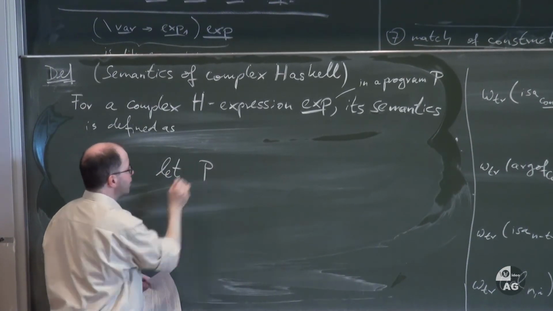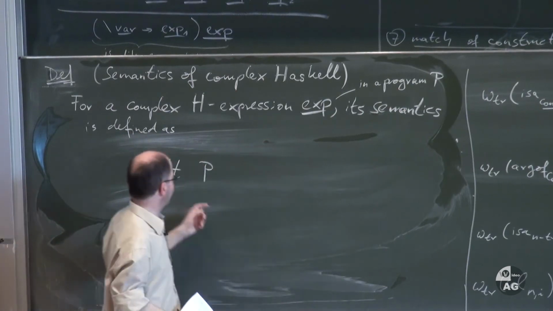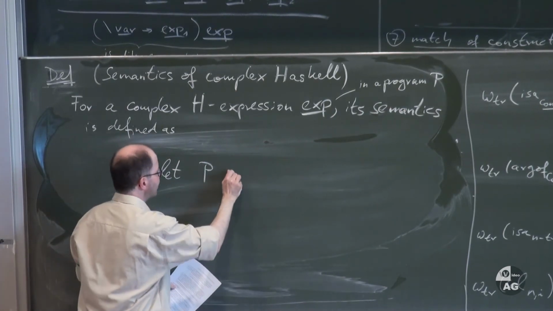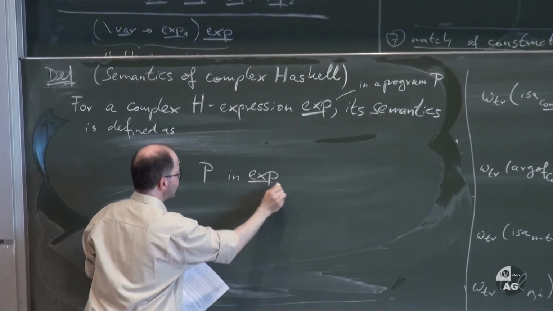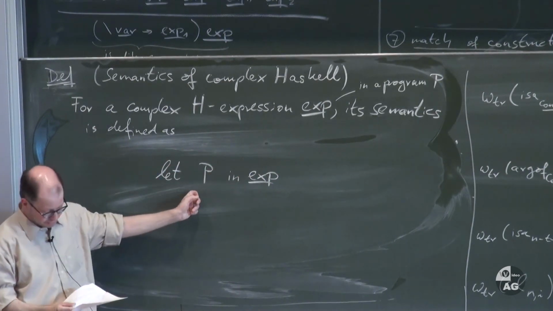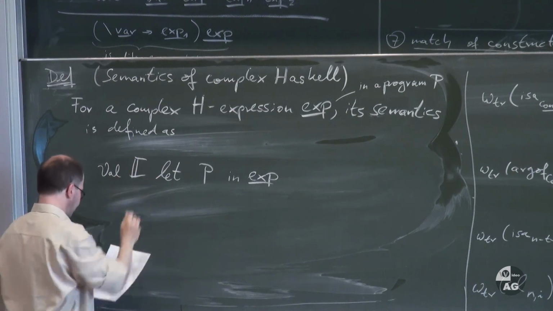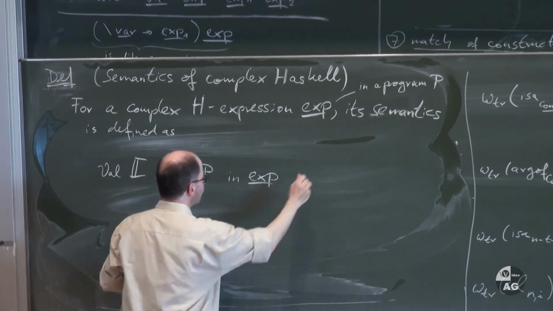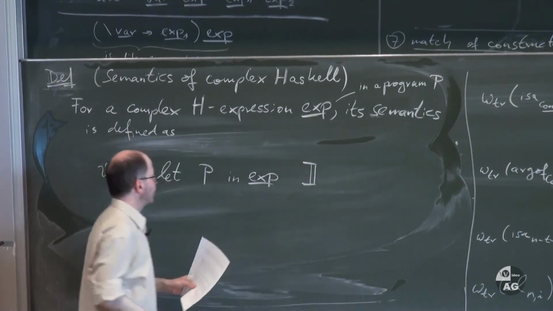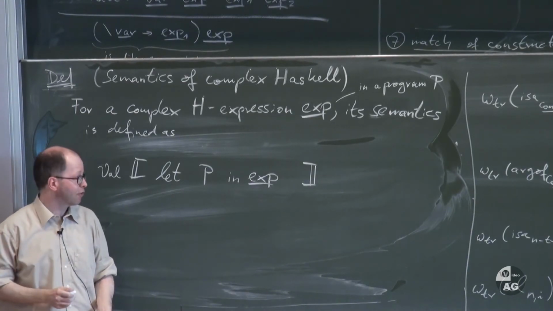So we say, instead of regarding this expression in this program, we regard the following let expression, let P in exp, in the empty program. So we now just consider the semantics of this. But of course, this val function was only defined for simple Haskell and not for complex Haskell.